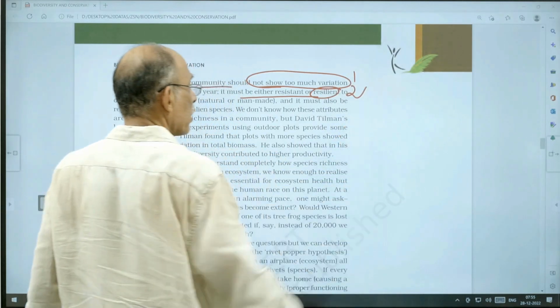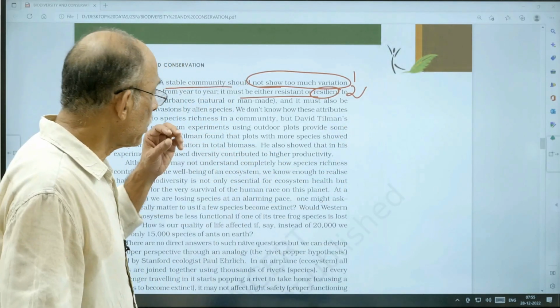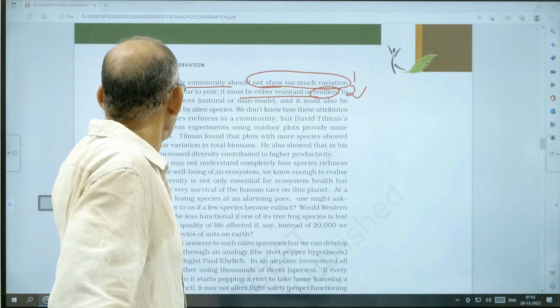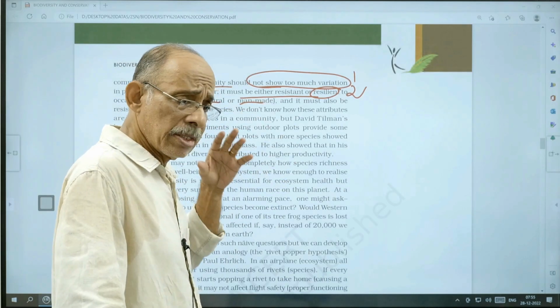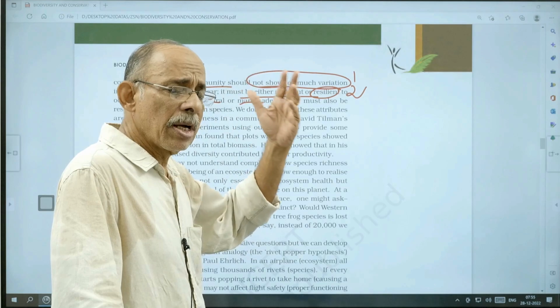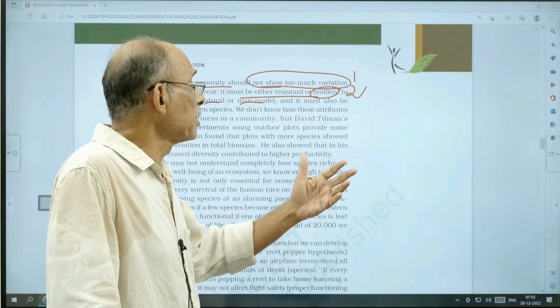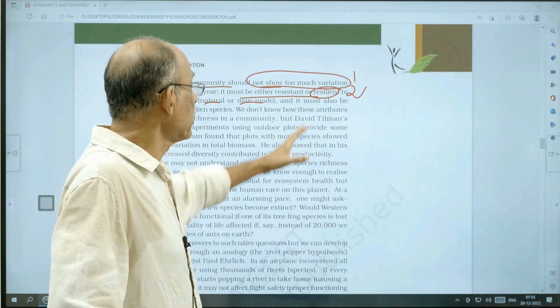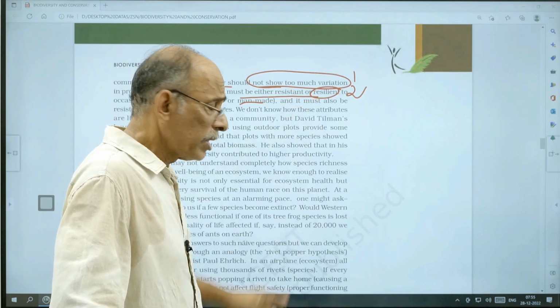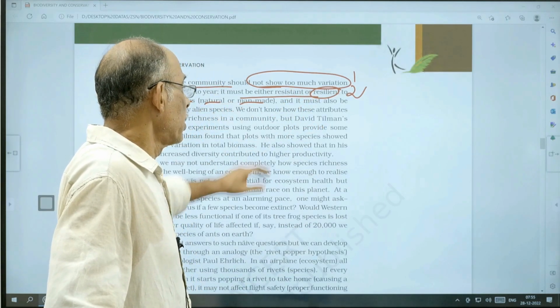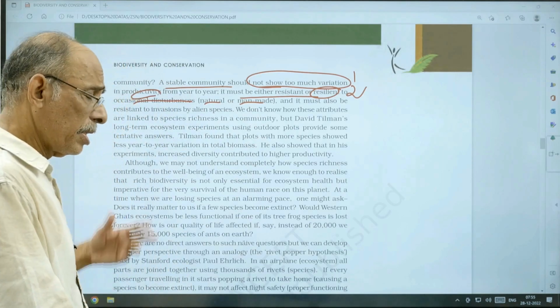Resilient means that even if some natural or man-made disturbances take place, it will spring back to the original condition within a few years. That is resilience, or resistance to man-made or natural disturbances.